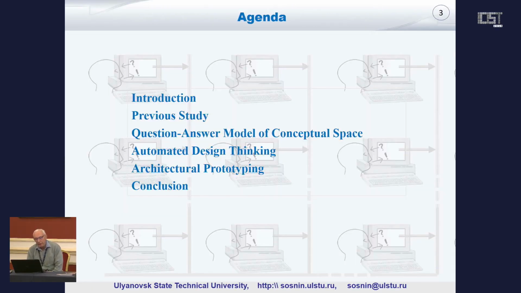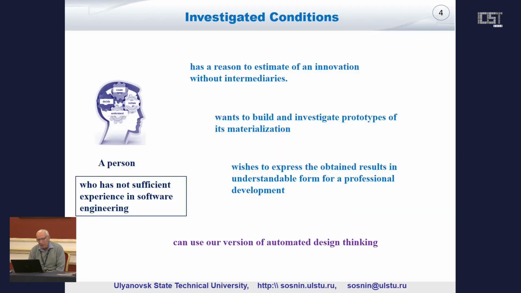is presented in this agenda, and in the introduction, I start with an investigated condition. A person who hasn't sufficient experience in software engineering has a reason to estimate an innovation without intermediaries, wants to build and investigate prototypes of its materialization, and wishes to express the obtained results in an understandable form for professional development.